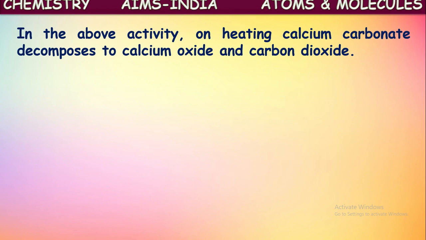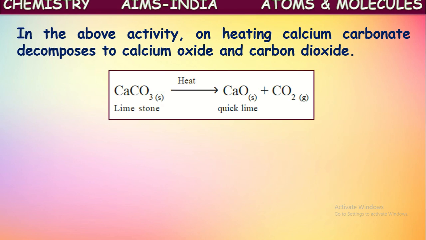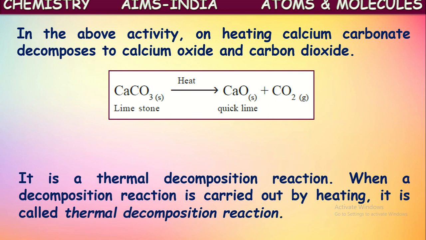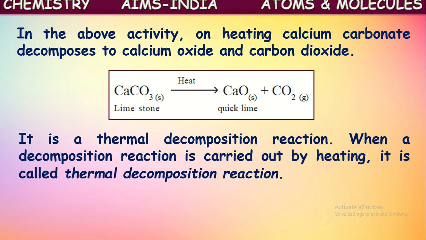So in the above activity, on heating calcium carbonate, it decomposes to form calcium oxide and carbon dioxide. This is the equation related to that. Calcium carbonate on heating is splitting into two compounds, calcium oxide and carbon dioxide. So it is a thermal decomposition reaction. What does thermal mean here?